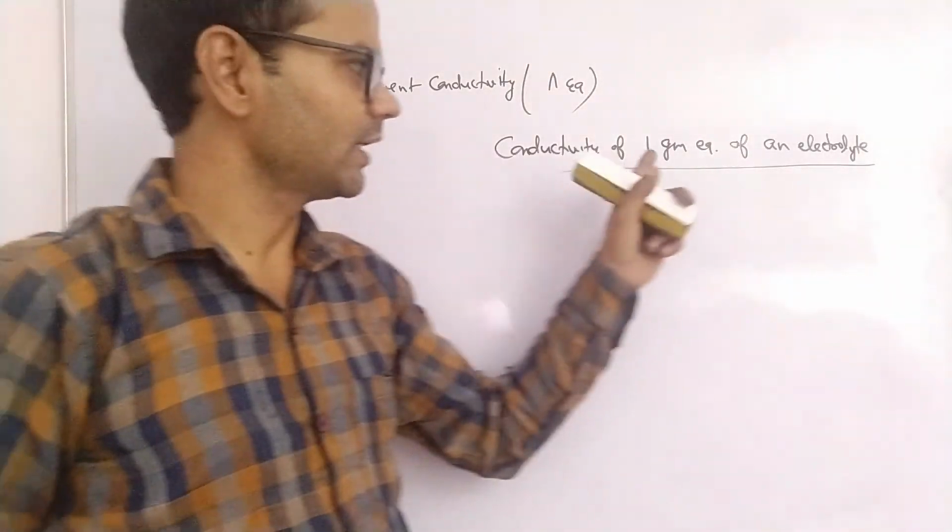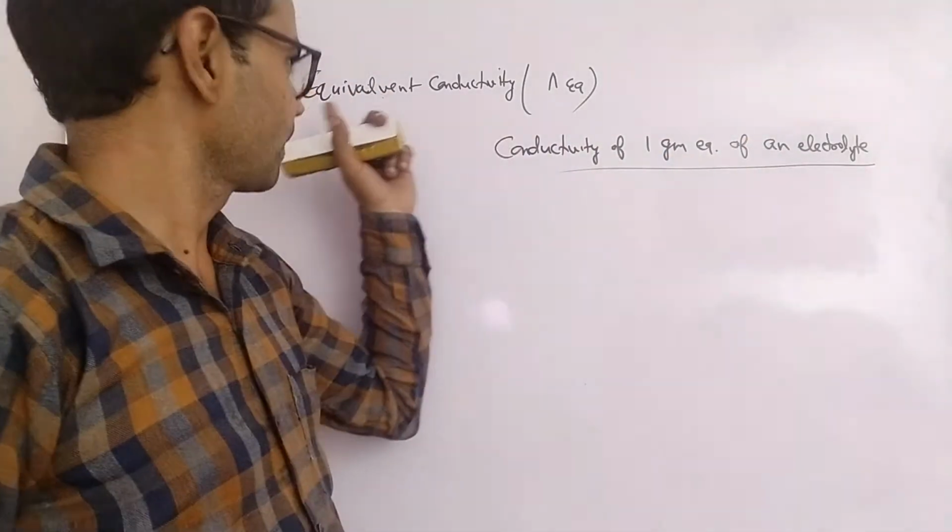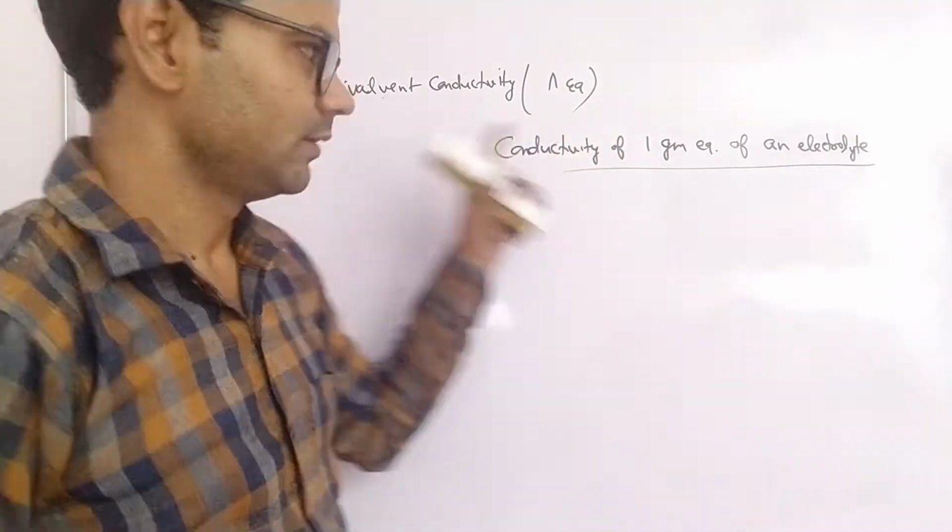Conductivity of 1 gram equivalent of an electrolyte is called equivalent conductivity.